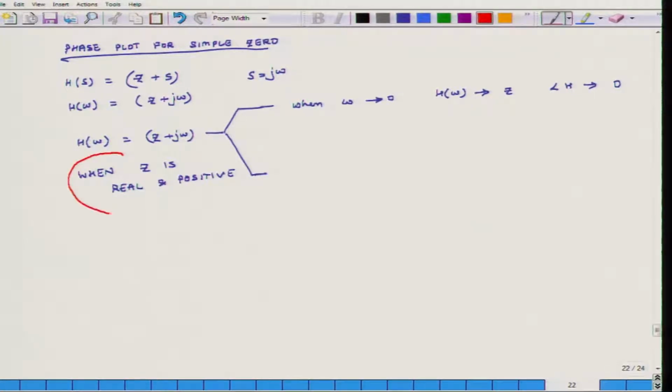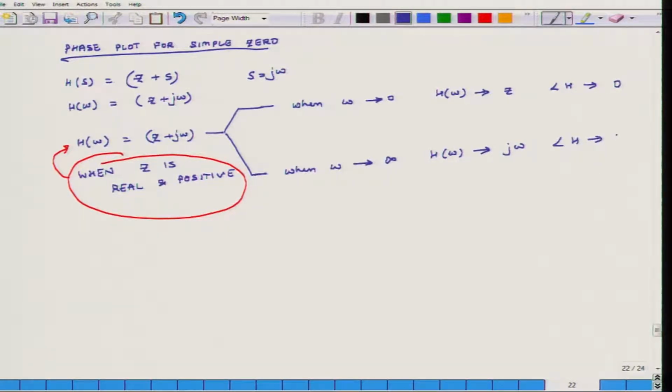So, this is the condition. When z is real and positive, then we can make this conclusion. When omega approaches a very large number, infinity, then H of omega approaches j omega, and the phase of H, since omega is a positive number, approaches pi over 2 radians.